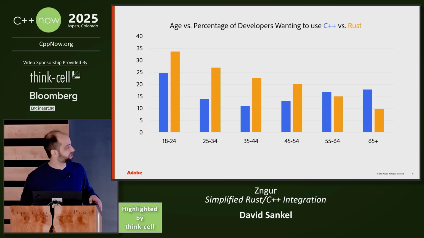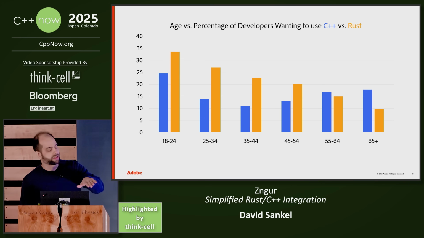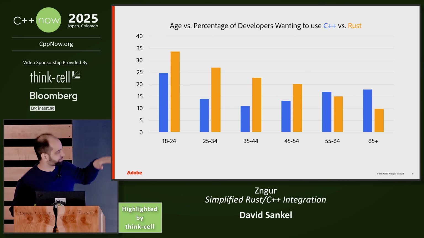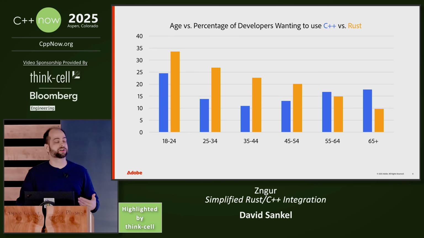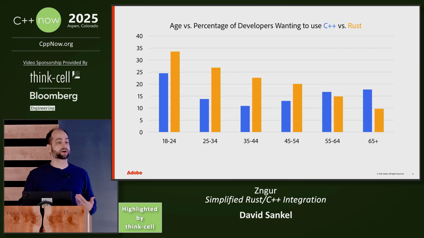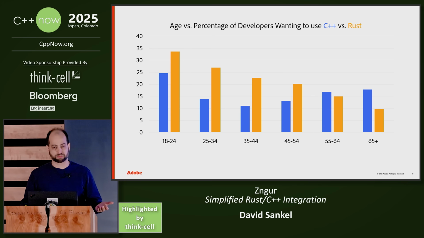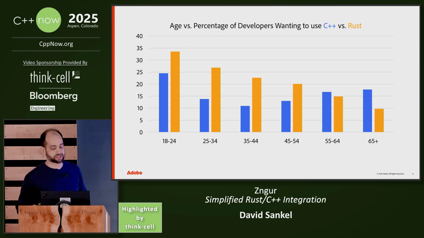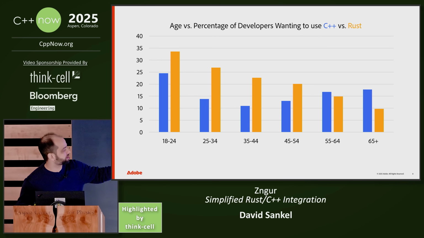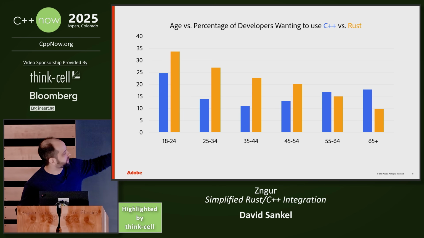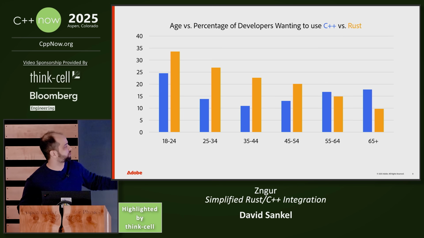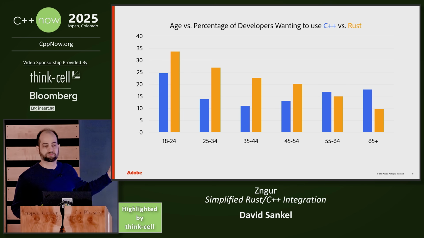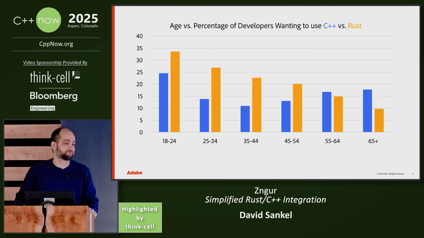As you move from the right to the left, if you're looking at the orange line, there's just an increasing number of people, especially newer engineers, who desire to use Rust as a language they want to program in professionally. When you look at C++, you can see that it drops down until you're between ages 35 and 44. And then it increases again when you're in the 18 to 24 range. There's a spike. I don't know why.